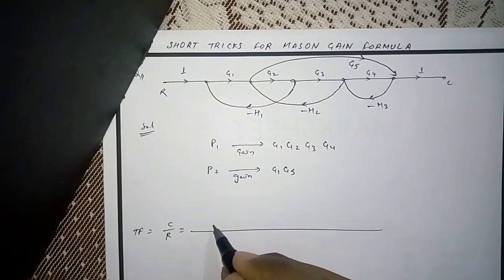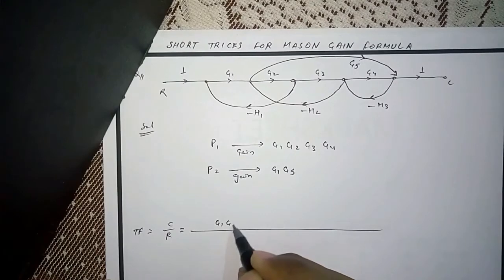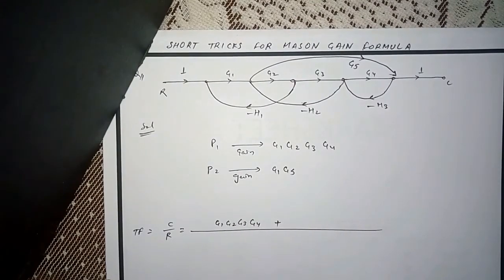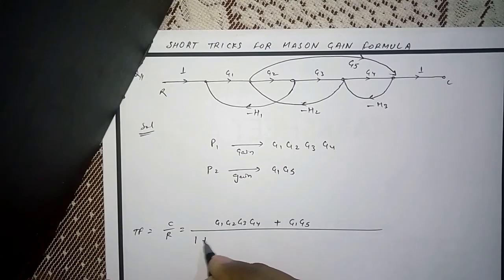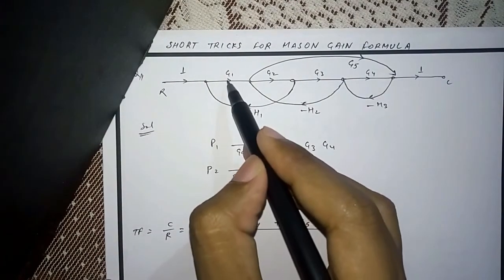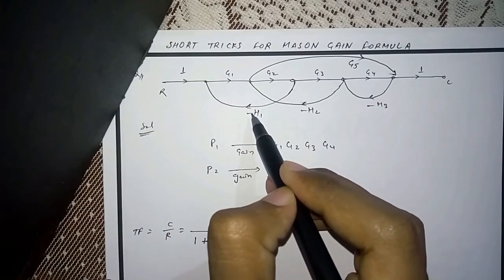So guys, we have to write the path gains G1, G2, G3, G4 plus G1, G5. Then we have to write, guys, 1 plus all the loops. First loop is, guys, G1, G2 or minus H1.